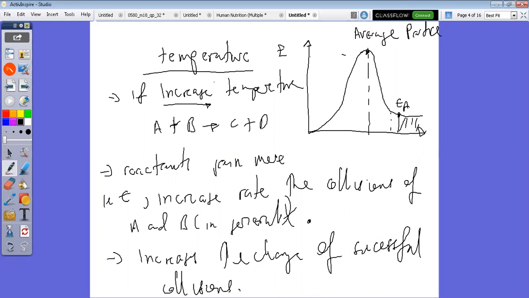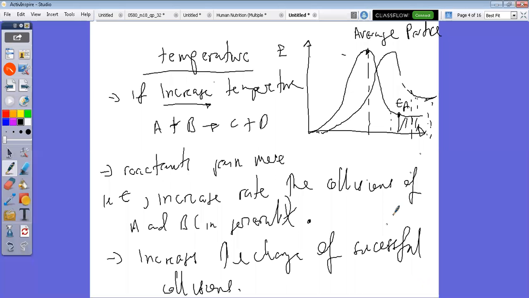We have increased the temperature. If I was using this graph, this graph will shift like this, something like this. Are we together? We now have more particles with average energy, and also more particles with enough activation energy for the reaction to take place.